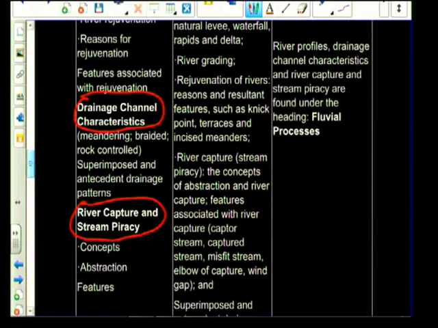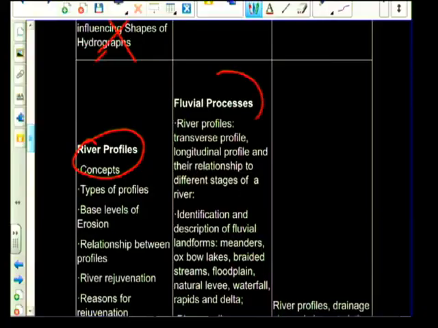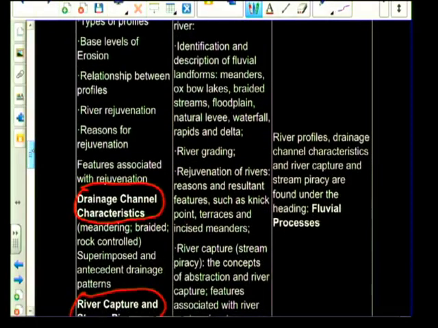Okay? The concepts of abstraction, features associated with river capture. All these sections are found under one thing known as fluvial processes. So all these things have been there. It has not been excluded, as I've indicated down here. All this is found under fluvial.